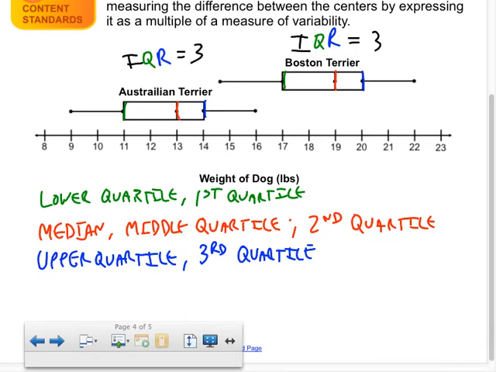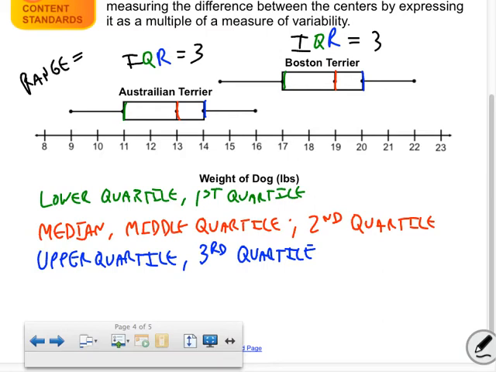Okay. And then what would the range be for the first? What's my range for the Australian Terrier? Somebody raise your hand and tell me what the range is. How wide is it from one whisker to the other? Kalila? Well, those are the two numbers you're going to use, the 9 and the 16.